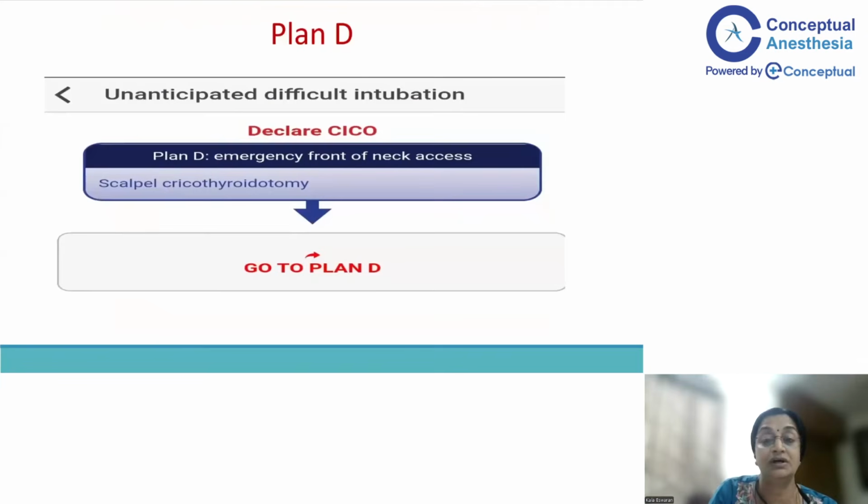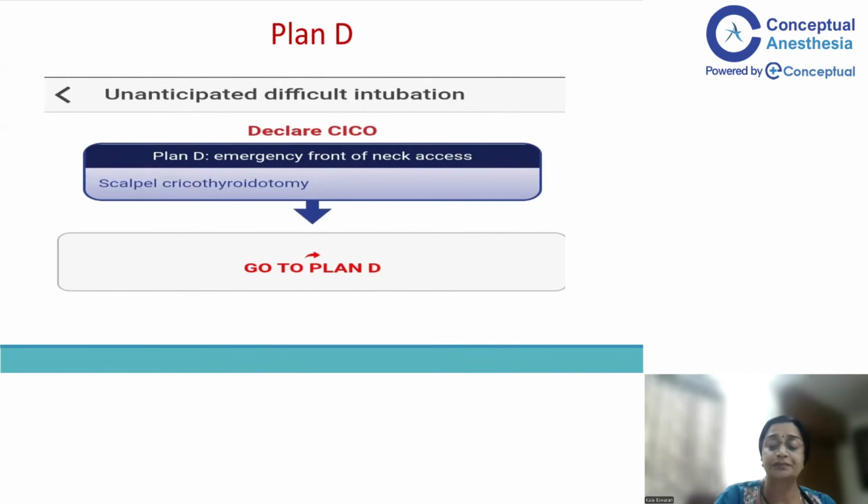In unanticipated, plan D, that is unanticipated difficult airway, when you declare cannot intubate, cannot oxygenate, that is when your emergency front of neck access, that is scalpel cricothyroidotomy, that is plan D. So nowhere they are saying that the saturation has to fall to declare front of neck access or declare CICO situations.